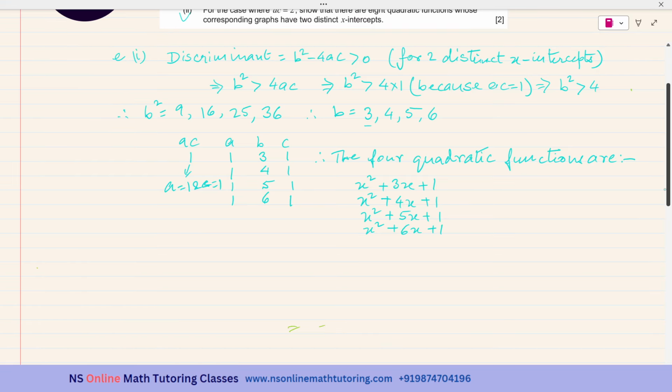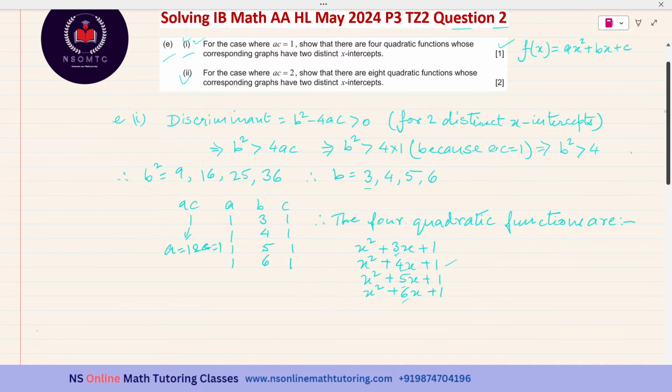These are the four possible quadratic functions having A as 1 and C as 1, and so B square will be greater than 4AC. 4AC is always 4 because A is 1 and C is 1. So 9 will be greater than 4, 16 will be greater than 4, 25 will be greater than 4, and 36 will be greater than 4. So these are the four possible quadratic functions. Okay, so shown.